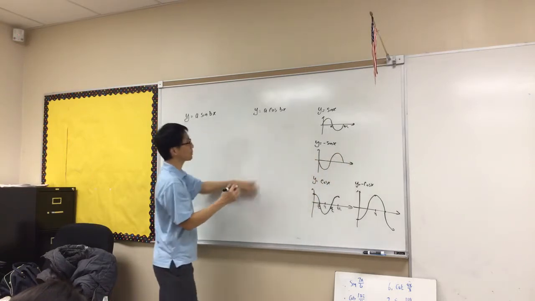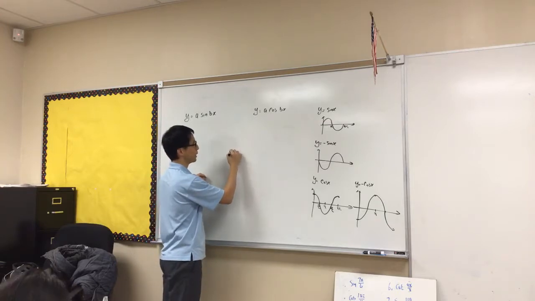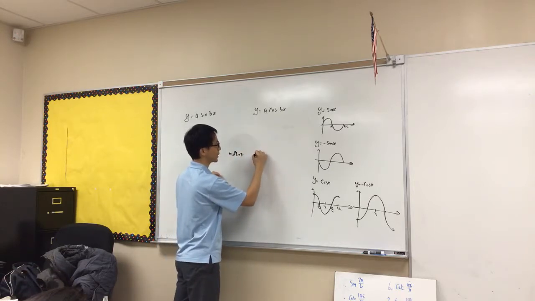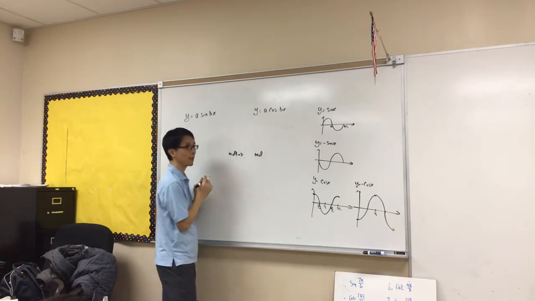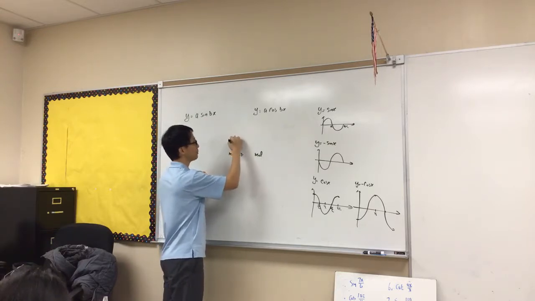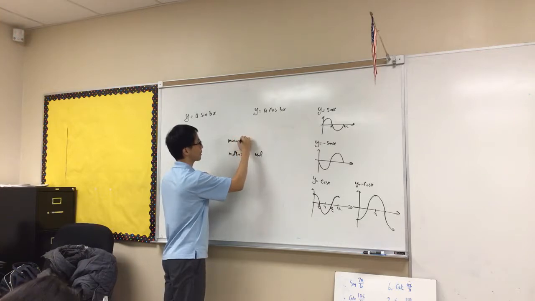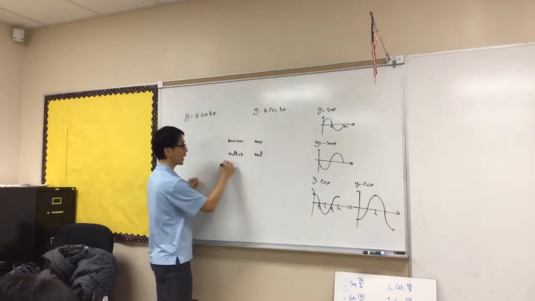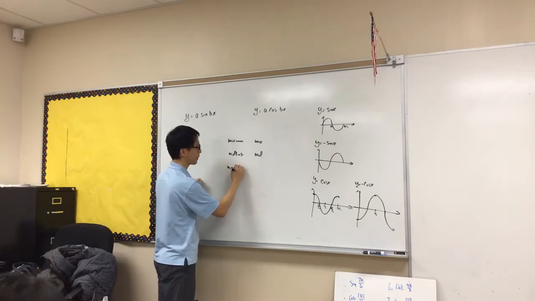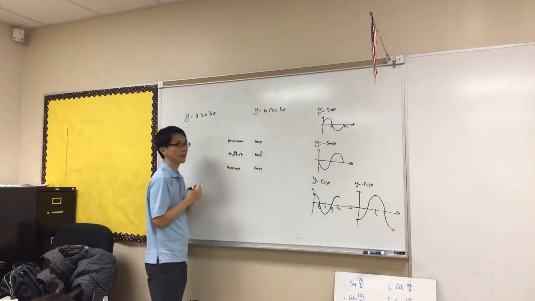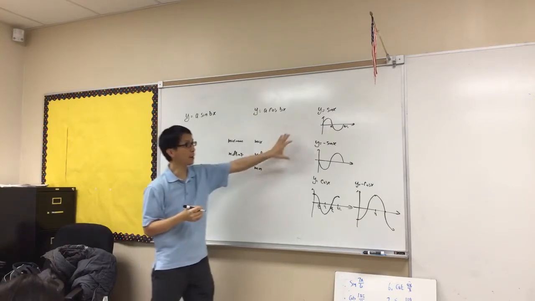I'm going to write down midline, which I'll shorthand as mid, and also maximum, which I'll write as max, and the minimum is going to be min. So we're going to come up with this.